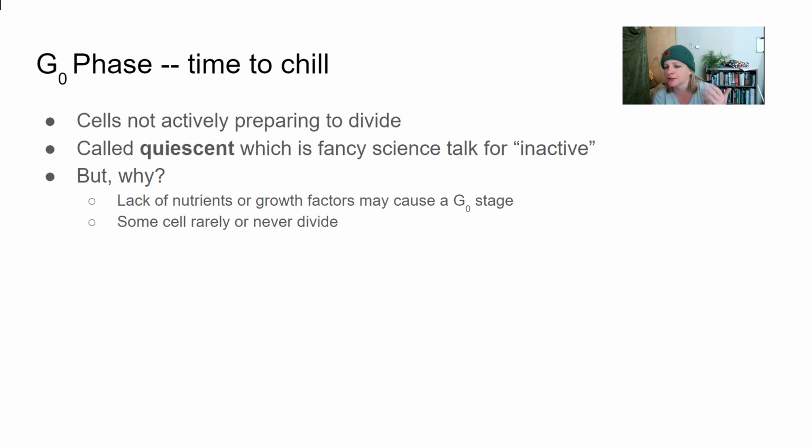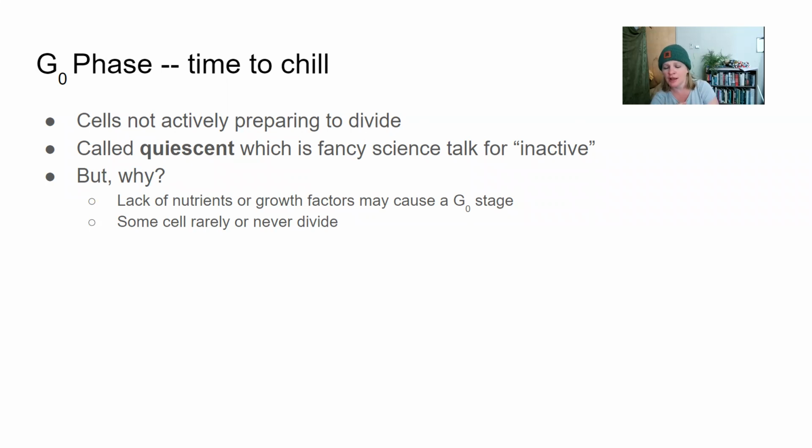They're not preparing for replication. It could be due to a lack of nutrients, so there's just not enough energy to fuel reproduction, or we might not be having the external signals that say it's time to reproduce.